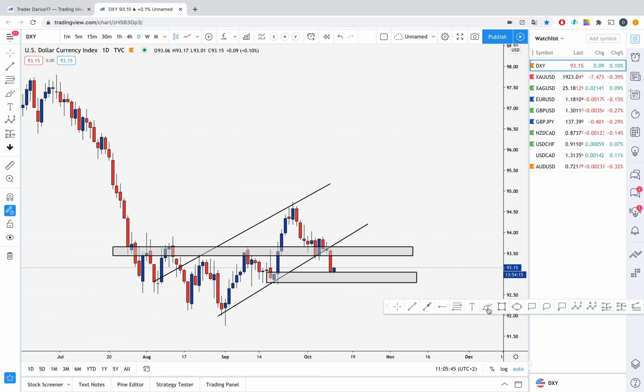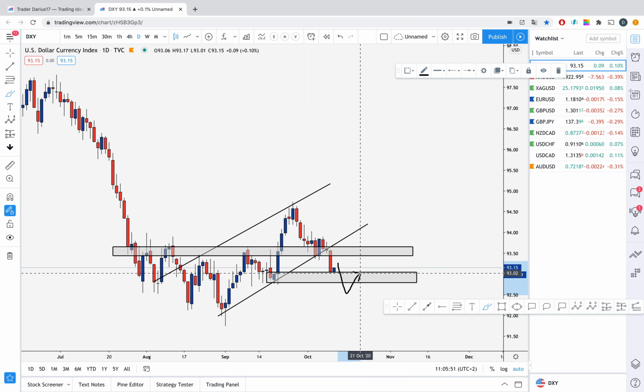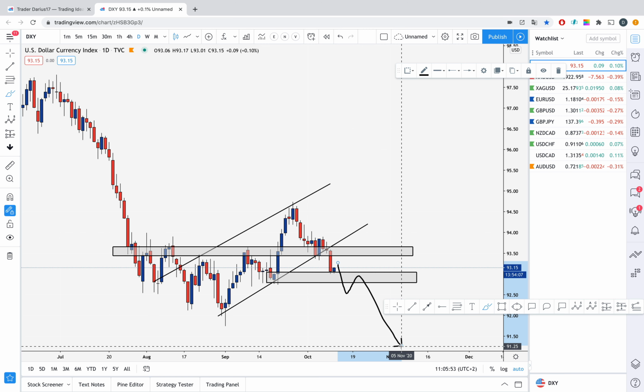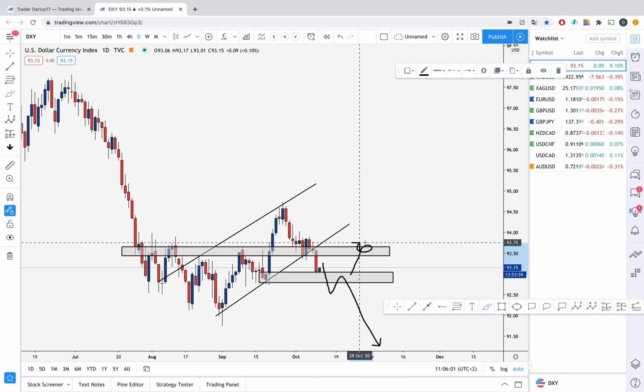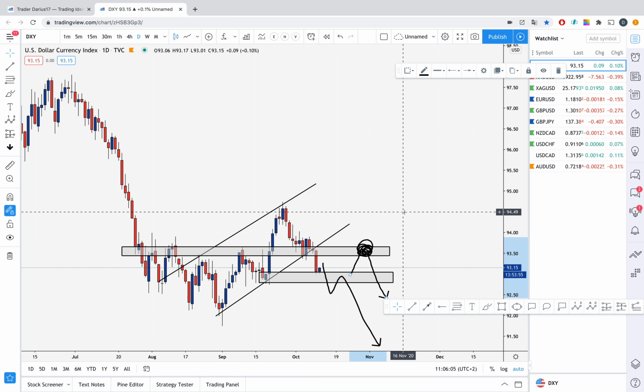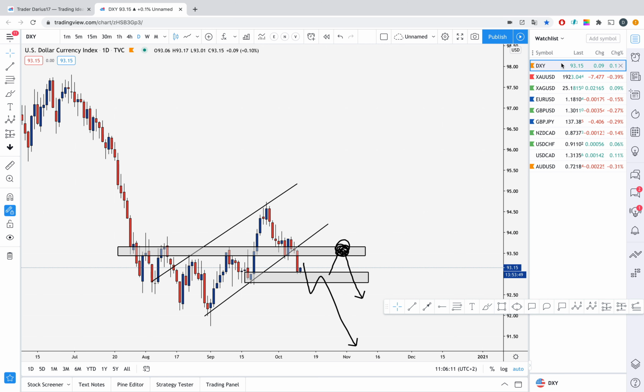If they have enough liquidity for shorts, then they will simply break this level of demand, retest it to grab some more liquidity and then drop. But if not, then we got a good probability that the DXY is going to go one last time to the upside to grab some more liquidity from this level, and then we're going to push lower. So pretty simple ideas on the DXY, and this is how I'm going to draw more conclusions on all the dollar pairs that I got over here.